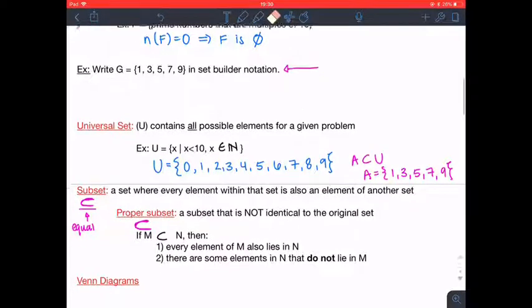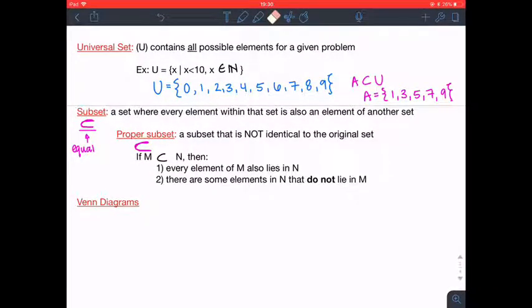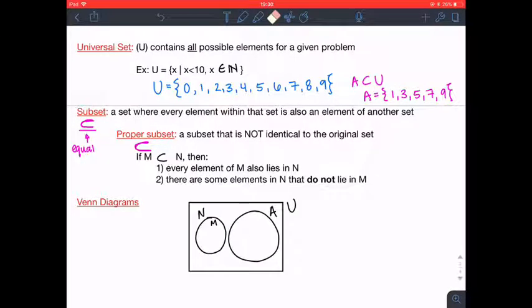Right? A very useful tool to help us identify sets and elements within sets are Venn diagrams. So this is a Venn diagram.